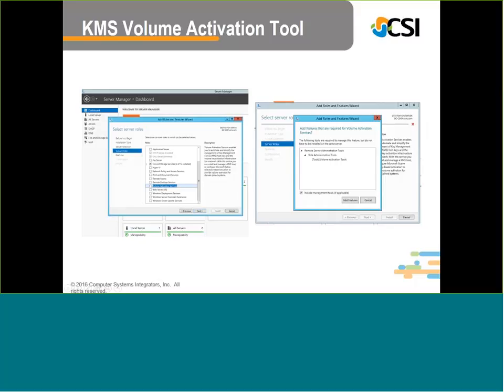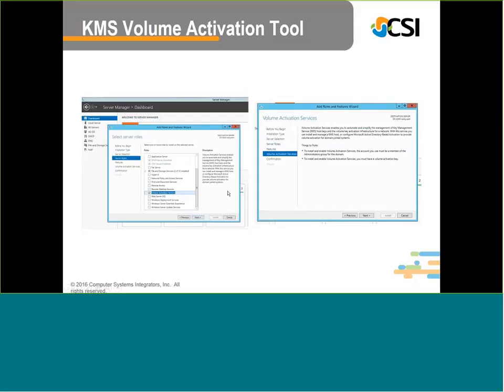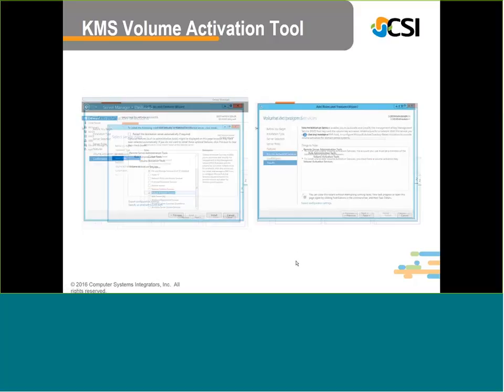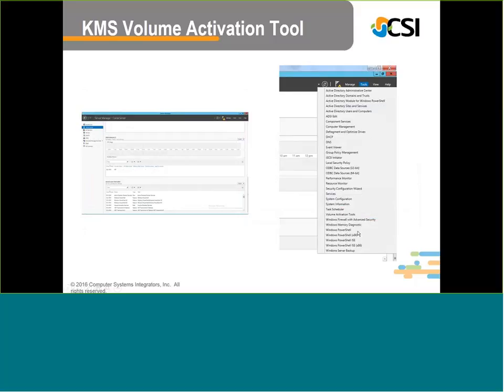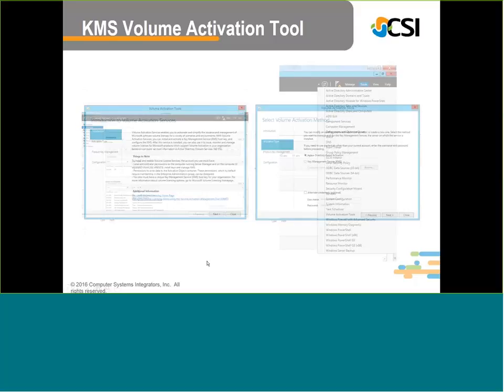Okay, so now here's the GUI. I've started Server Manager. I went into add roles. I said add volume activation services. I picked that. Next, next, next, and I run the install. And now you see on the right, there's a volume activation tools choice on Server Manager.